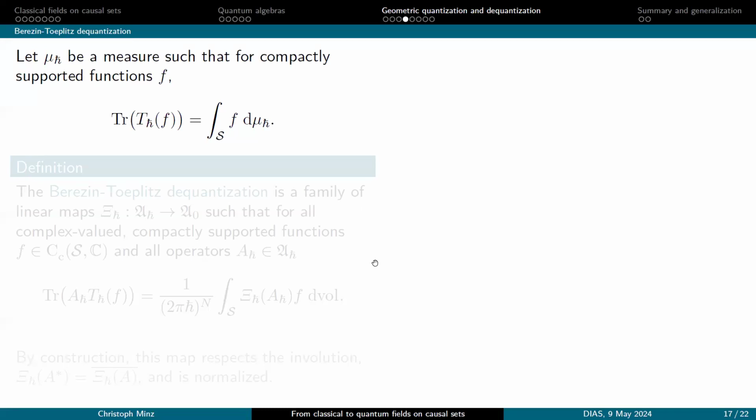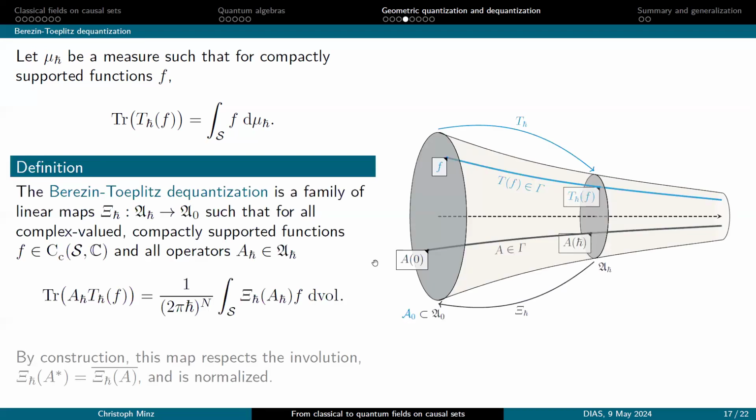If you take any compactly supported function f, then you take the trace of the corresponding Toeplitz operator, and you want to find a measure mu such that this relation holds. In fact, for the Toeplitz quantization in this particular example, you can do that. And what you get is this Berezin-Toeplitz dequantization map.